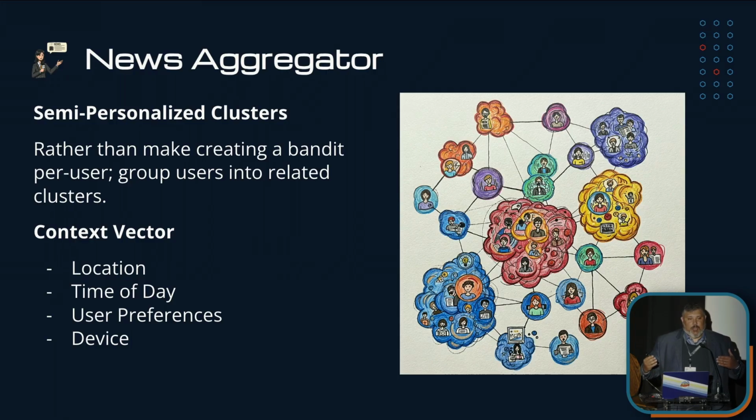Now, I think our instinct might be to go to a per user policy, but then you end up with a lot of agents and a lot of state that needs to be maintained. And so rather than using per user, think about using semi-personalized clusters. So create a bandit per groups of similar users. And then again, thinking about the context vector, at the time of selection, what changes?